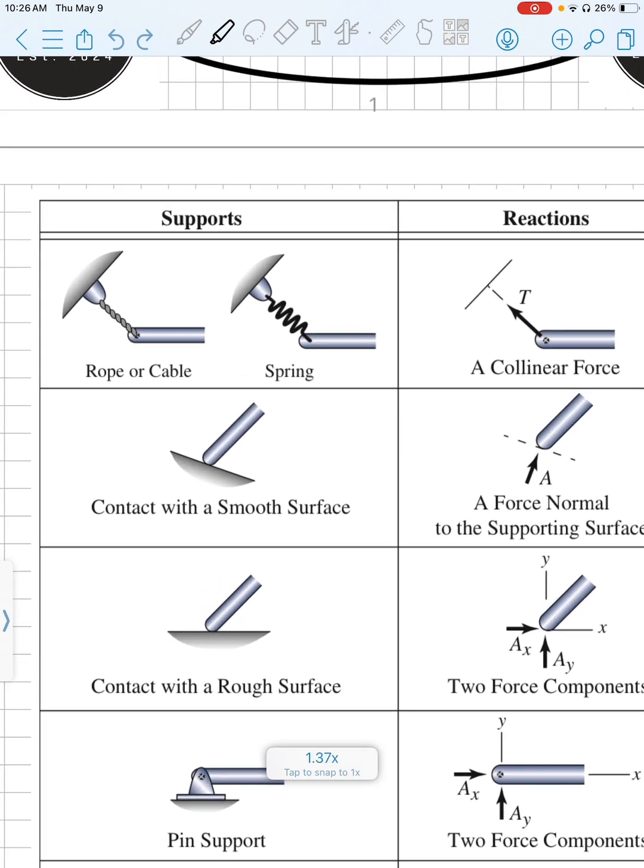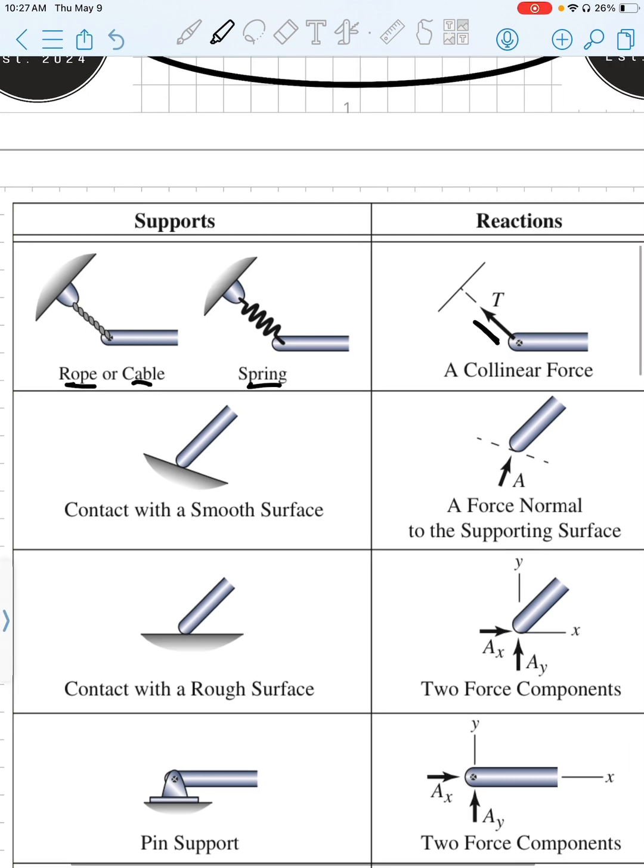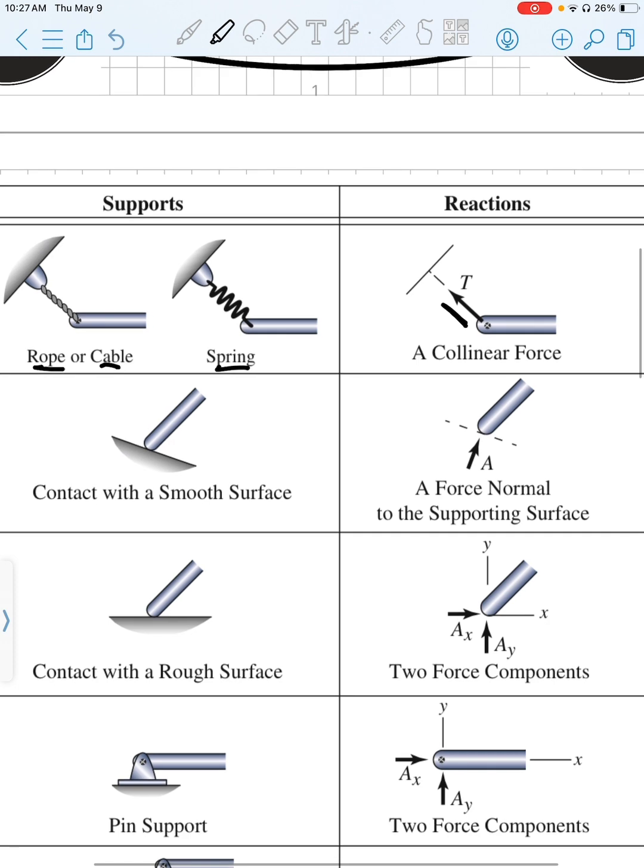Okay, the first one, which is really common, the spring or the rope, which is basically any rod that has any rope or any tension. That's why you change it to tension. It's pretty common in a lot of problems.